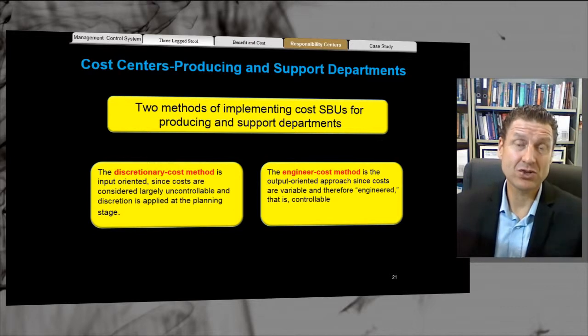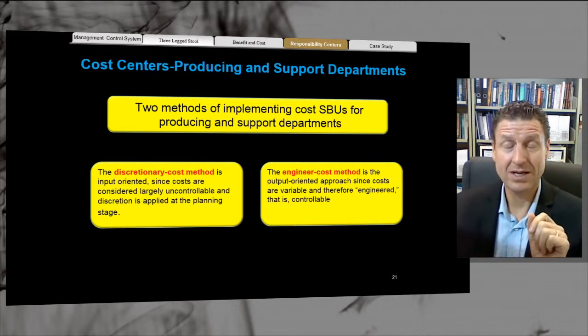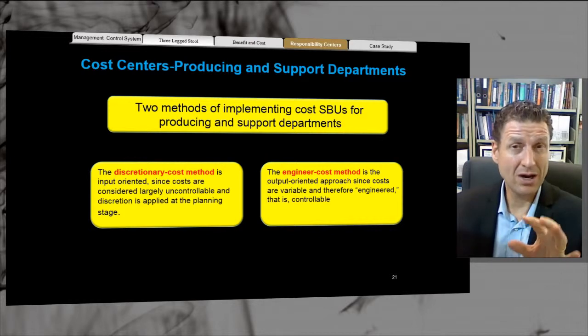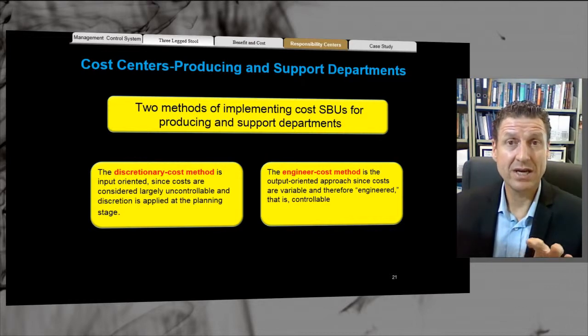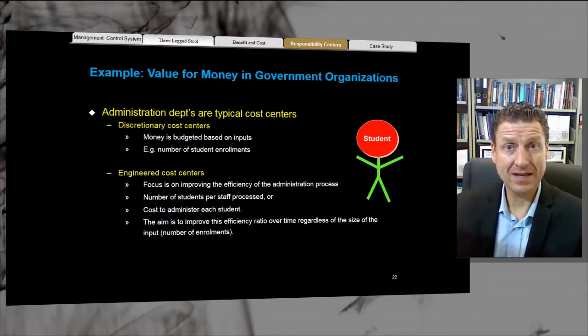Yes, so there you have a discretionary cost method, which is probably most popular because it doesn't put that pressure on various cost center units. But then there's the engineered cost method, which I believe should be used more frequently than it is. So let's just have a look at the next part, a summary of what we mean by discretionary cost centers and engineered cost centers.